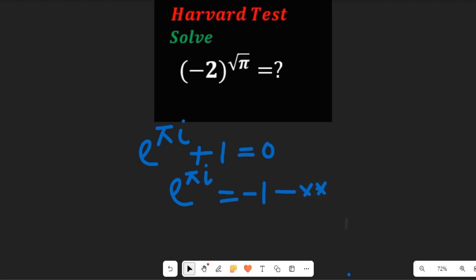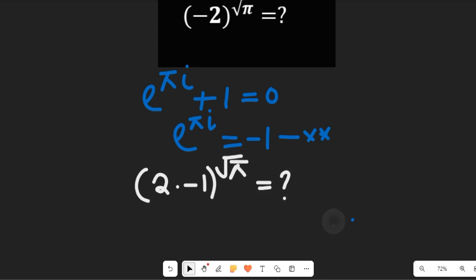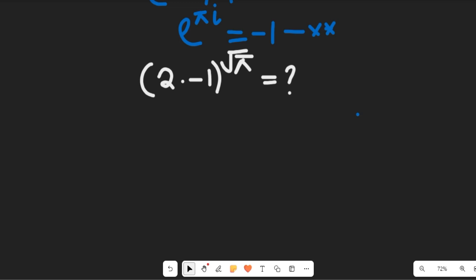Now, if we simplify this, we're going to have the above expression to now give us, instead of negative 2, we'll now have 2 multiplied by negative 1, right? All to the power of the square root of pi, and this will give us what solution? In the next expression, we'll come to see that negative 1 can be replaced with the exponent of pi j, right?